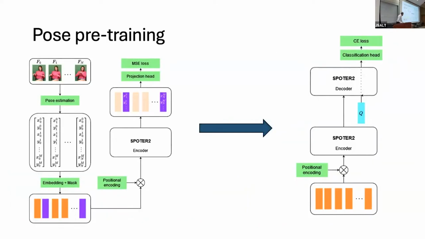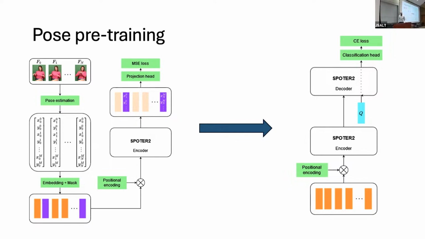And then we did some pre-training on this already. Here, of course, it's straightforward to do masking. You just take your pose, mask a few of the joints and try to reconstruct them with just the MSE loss. Then you can take the pre-trained encoder, put it into your classification module as is, and fine-tune on a classification task.